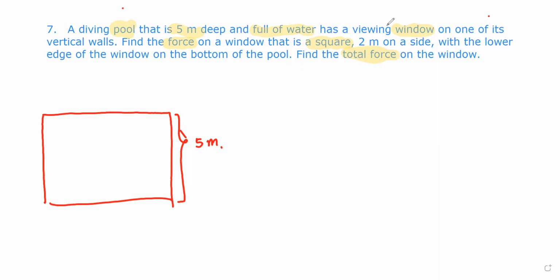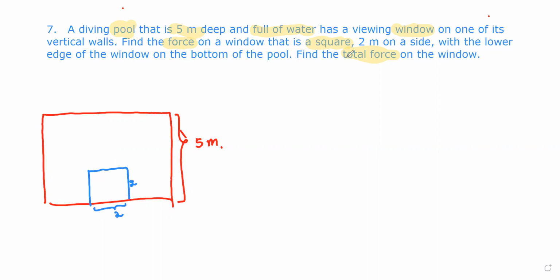That's the base, sitting on the bottom of the pool with a square shape. Does it make sense? And the dimension of the window is 2 by 2. So 2 here and 2 here.